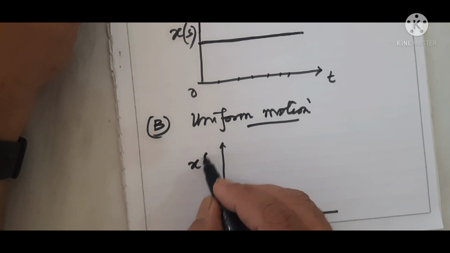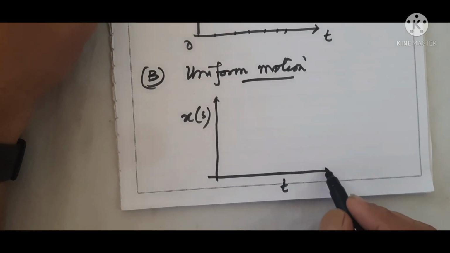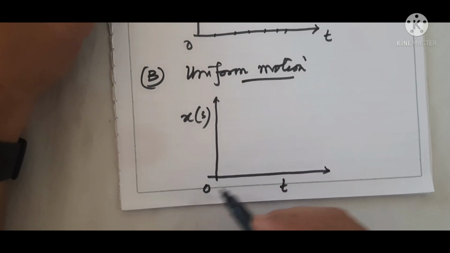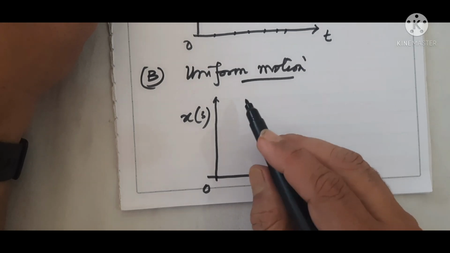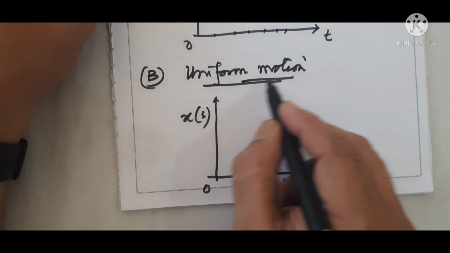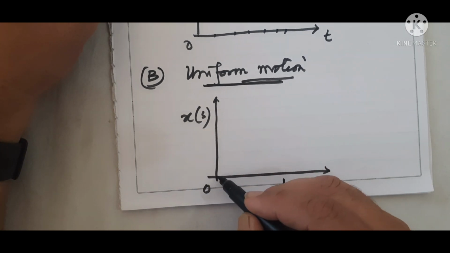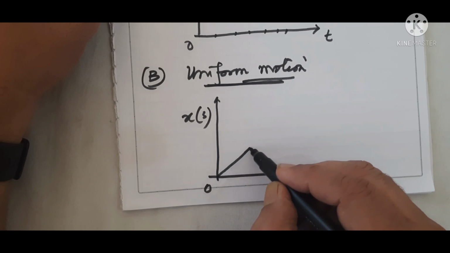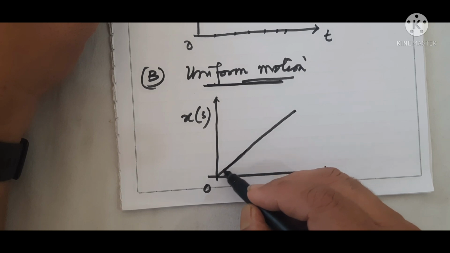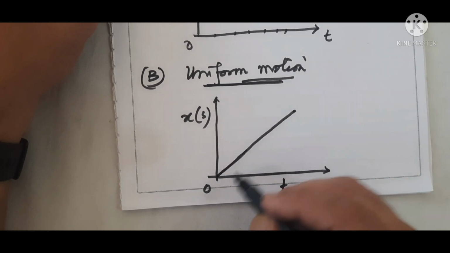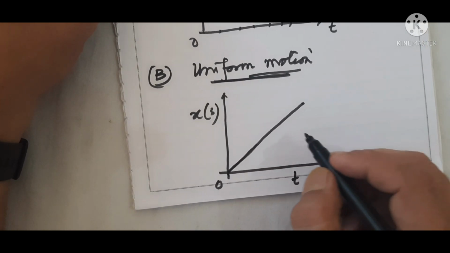Here x or s, here the time axis, this is the origin. Uniform motion means object is moving with equal distance in equal interval of time. So you will find the graph is like that, a straight line passing through the origin.